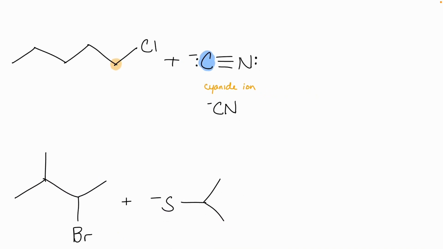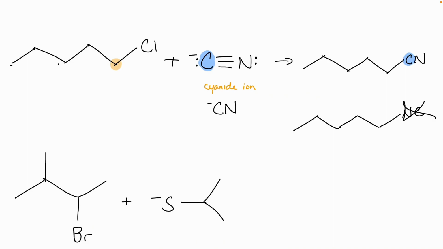All right, so if I'm going to draw my product, I'm going to have 1, 2, 3, 4, 5 carbons from this side. Okay, and then I'm going to stick on that cyanide group. If you drew the triple bond explicitly, that's cool too, but again, you'll see it in this condensed form. Importantly, it's the carbon that's attached. So what would be incorrect would be to draw it like this.